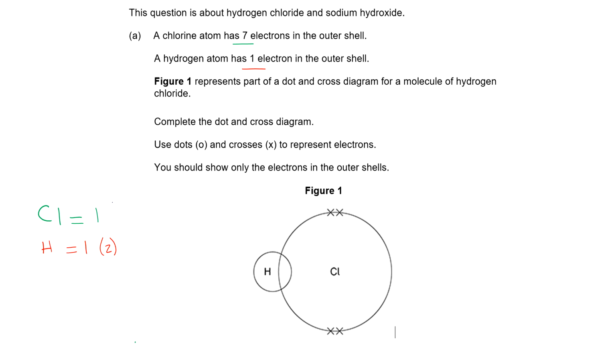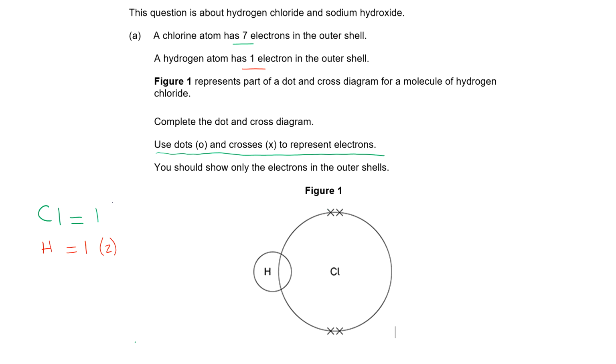If we then have a look at plotting our electrons, the question specifically says use dots and crosses. So make sure you use crosses for one and dots for the other, and they have already allocated crosses for chlorine. So start off with plotting the electrons for your chlorine.